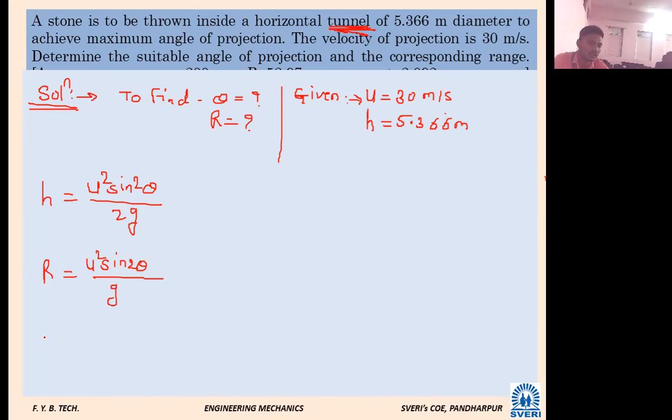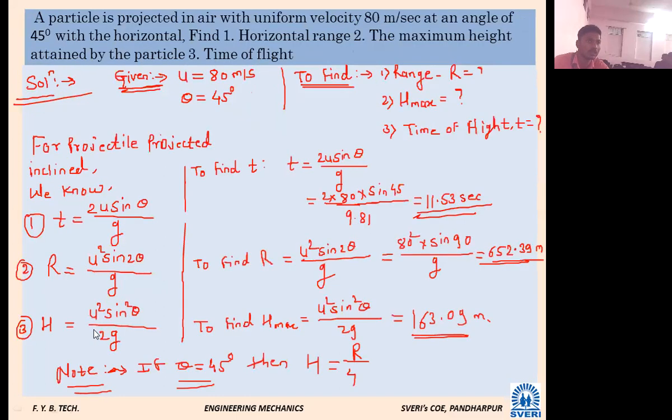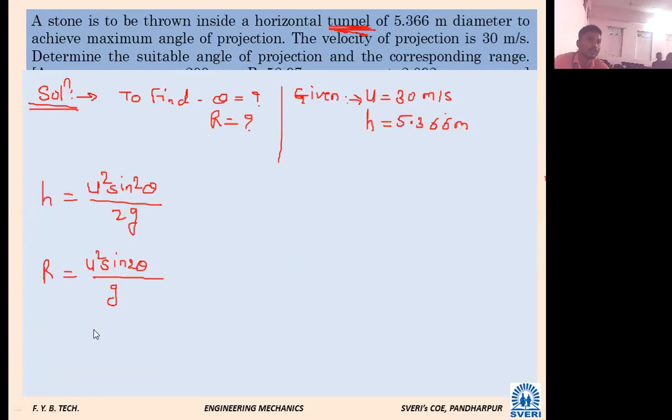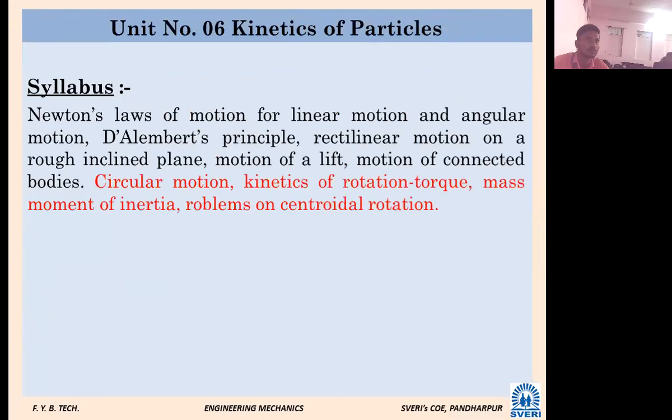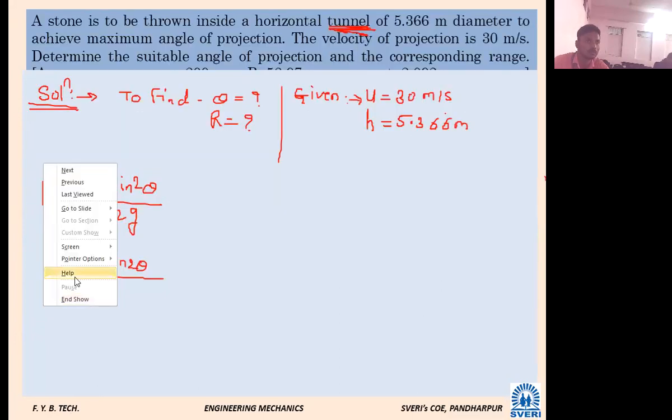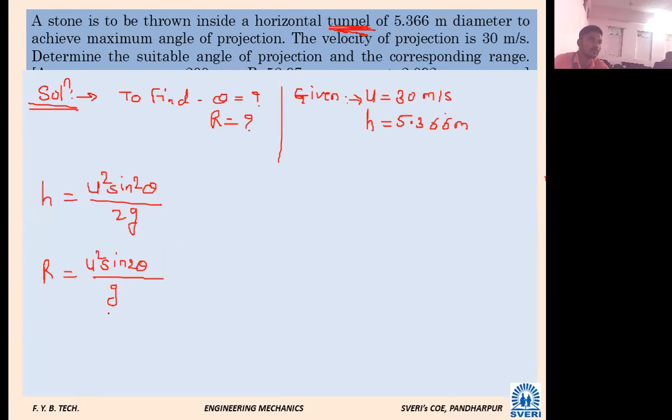Okay, next one. HR. What is the next formula? Okay, P is equal to 2u sin theta.